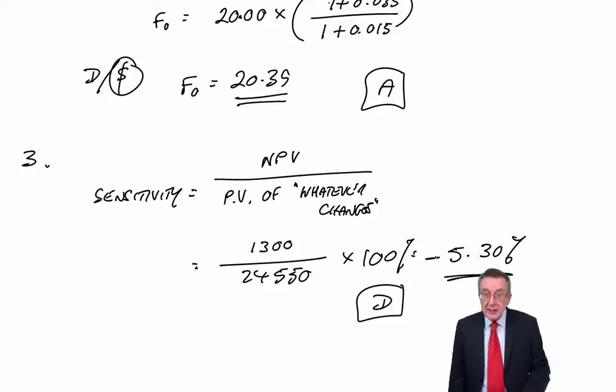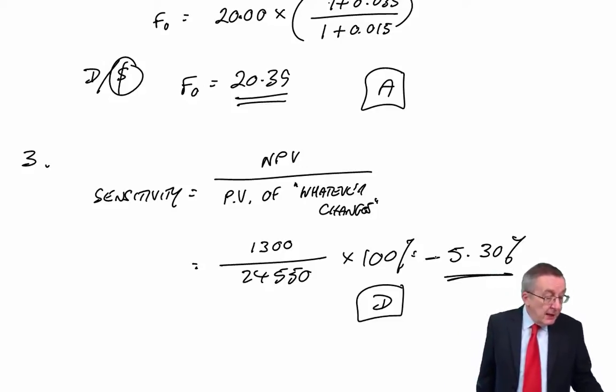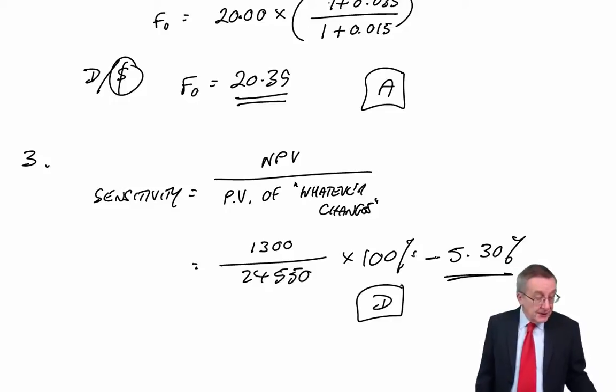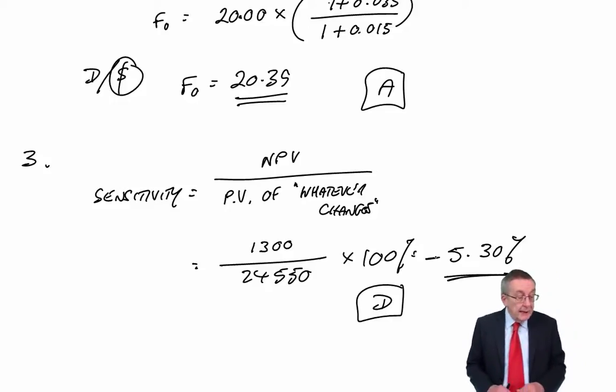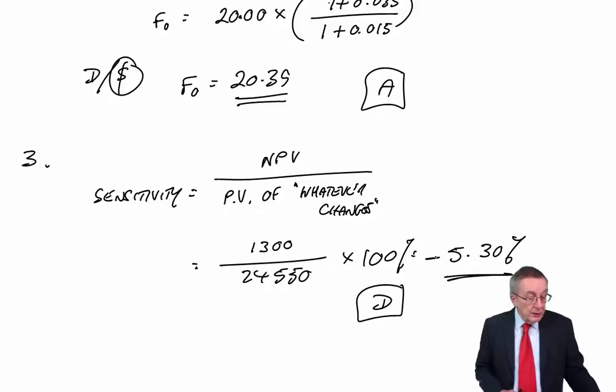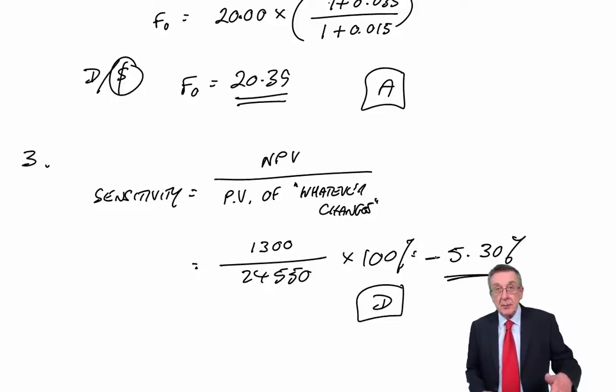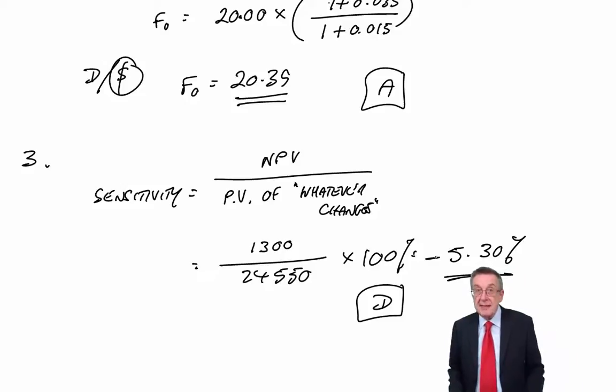We can afford it to fall by up to 5.3%. So strictly, it should be negative. He hasn't given that choice. We've just got the figures. The answer is D. But if he did say, you know, if C perhaps was plus 5.3 and D was minus 5.3, well, the answer would be D.